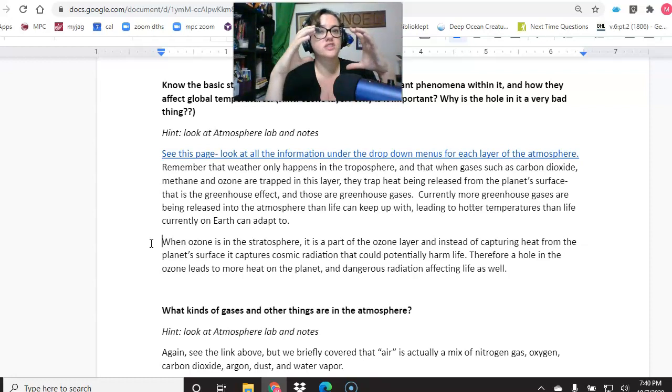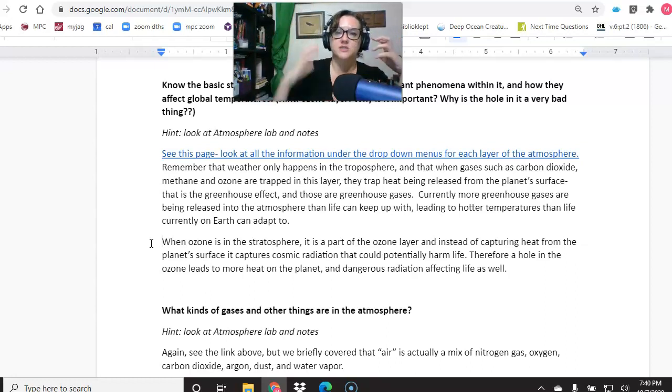But where there are holes in the ozone layer, because of chemicals that were used in the 80s and before that, those holes are allowing that cosmic radiation to come to the planet and kill things, and that is a problem. So we are hoping it is actually healing, but is it healing fast enough to protect life? We're not sure.